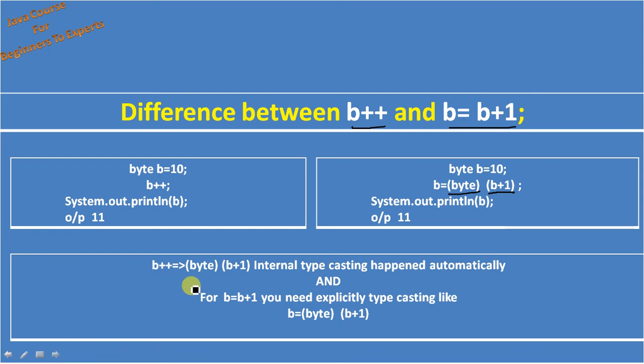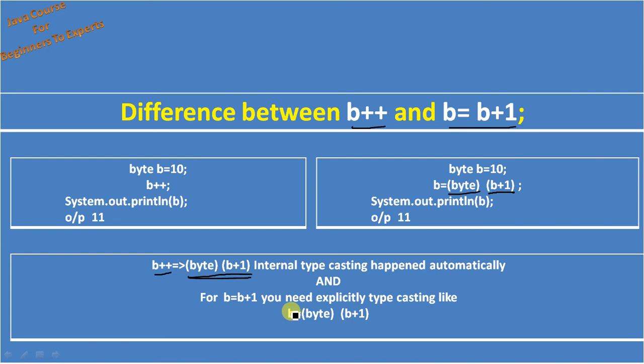What is the reason behind it? The reason is that in b++, internal typecasting happens automatically. But in the case of b = b + 1, you need to typecast explicitly, like b = (byte)(b + 1). What is typecasting?